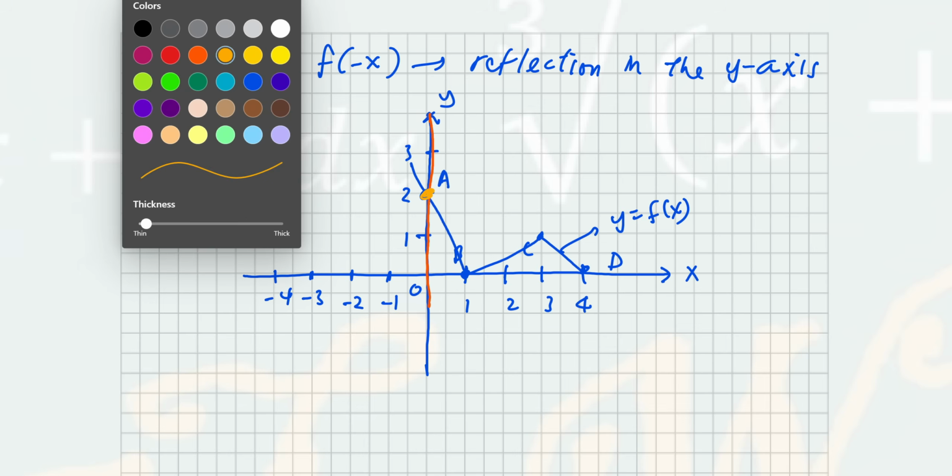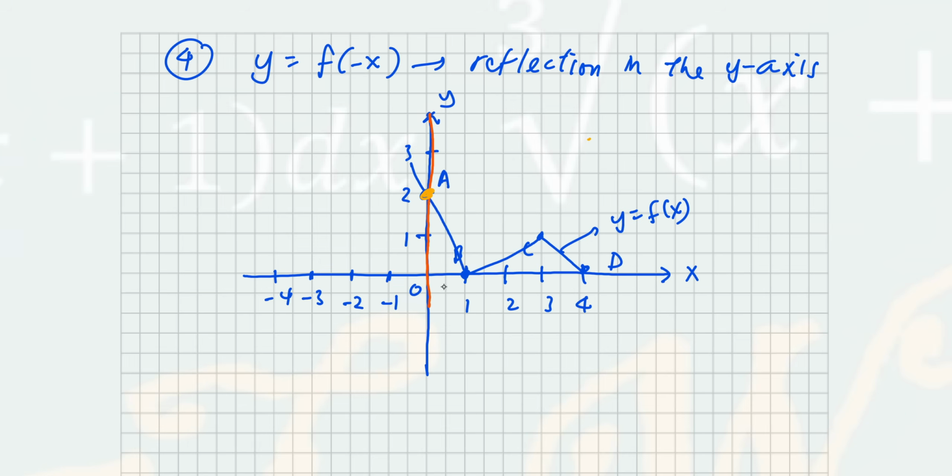Now from here, my B, instead of 1 unit to the right side of the mirror, now becomes 1 unit to the left side. So it becomes here. This is my B prime. And then the C, the y value no change, and instead of 3 units to the right side, now becomes 3 units to the left side. So it will be at -3.